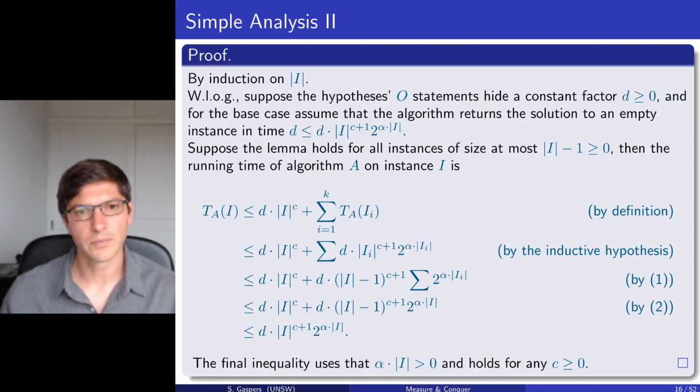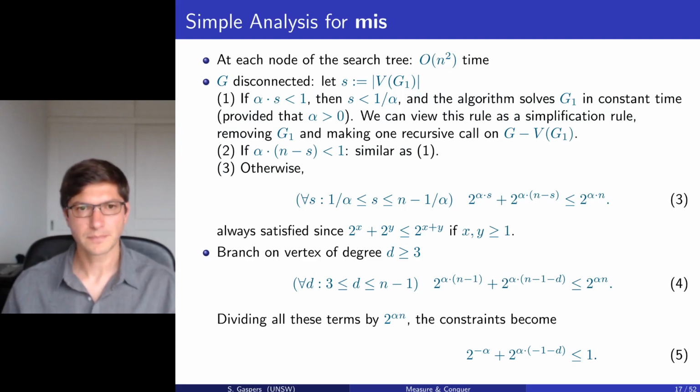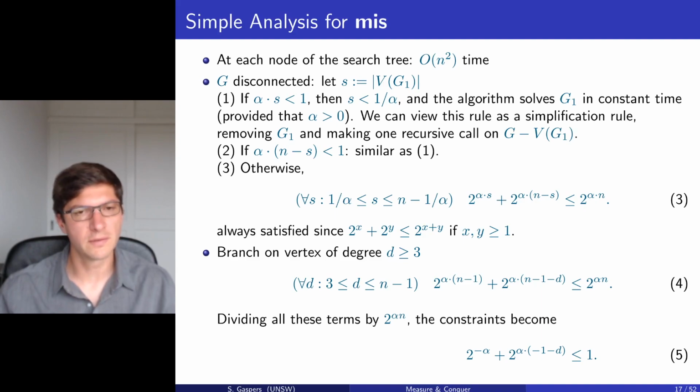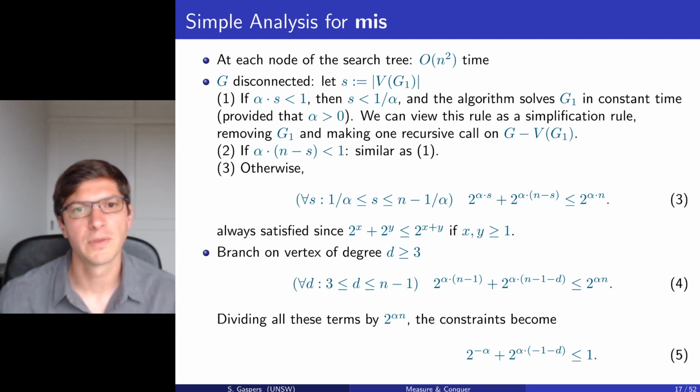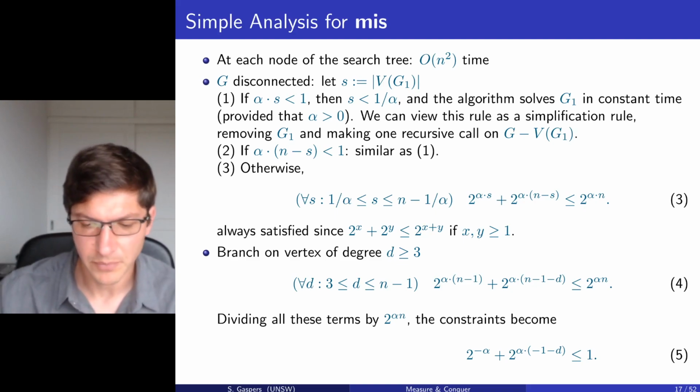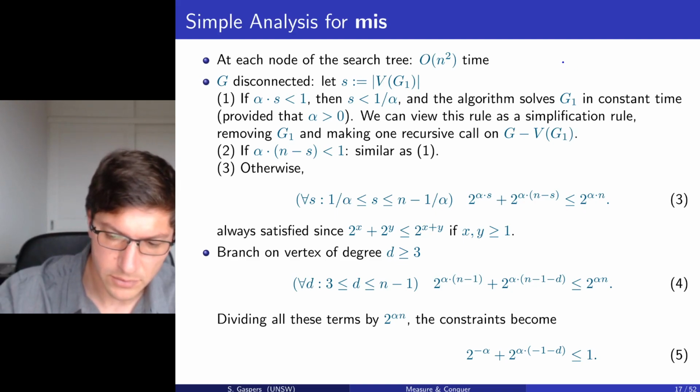Now we need to analyze the branching. The first branching rule is when G is disconnected, and G1 is one of the connected components. Let's say the number of vertices is S. If S is really tiny, we will actually view this rule as a simplification rule.